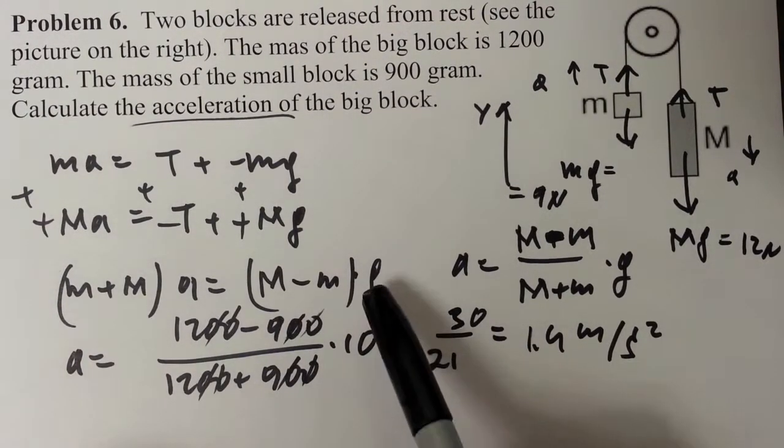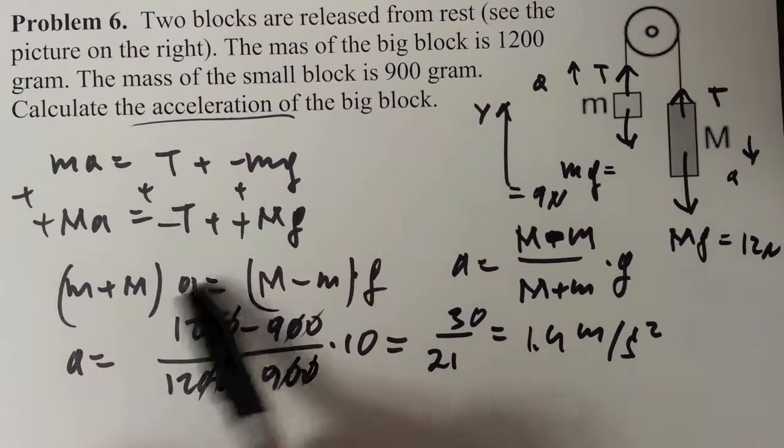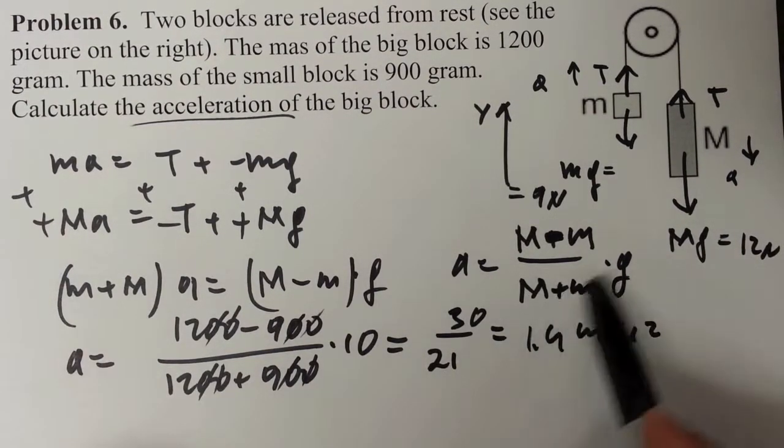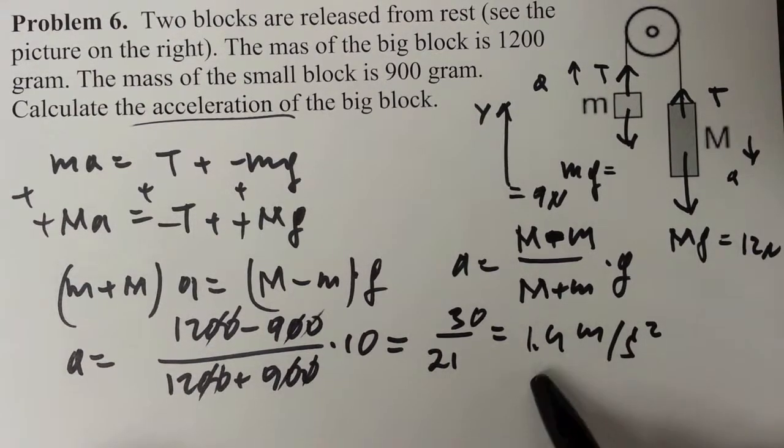So if we're calculating the acceleration, this over that, the difference divided by the sum times g, and that gives us 1.4.